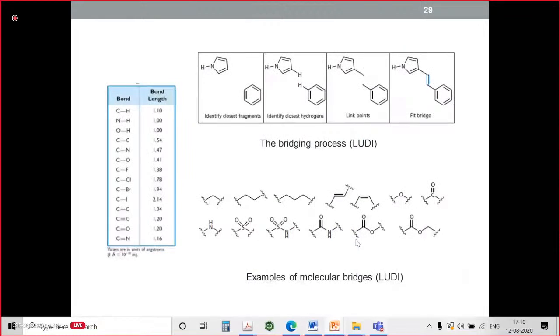So bridging, or linking, is being done based on some logical approaches. Initially, if you have two fragments at one region and another region, the closest proximal hydrogens are identified first, and those are replaced with some linker which is appropriate in the distance. So it could be a carbon-carbon single bond, it could be a carbon-carbon double bond, and that is defined based on the distance between these two connecting atoms.